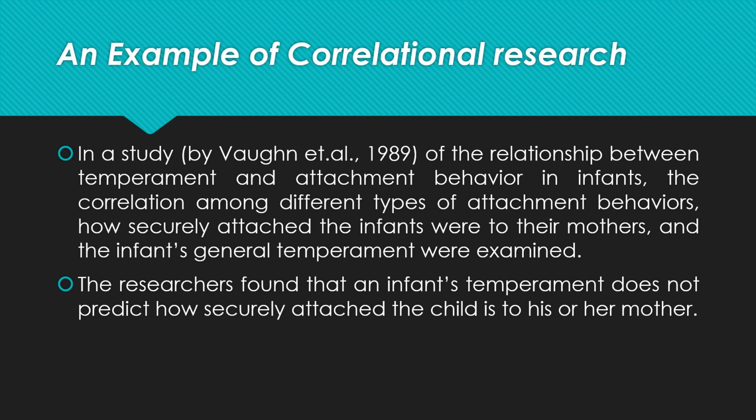The correlation among different types of attachment behaviors, how securely attached the infants were to their mothers, and the infants' general temperament were examined. The researchers found that an infant's temperament does not predict how securely attached the child is to his or her mother. So this is the relationship that they found.